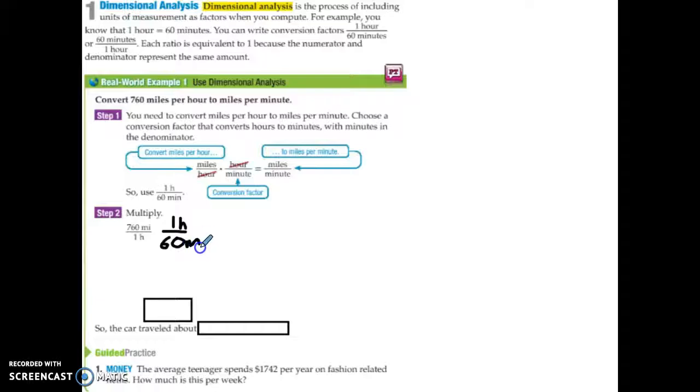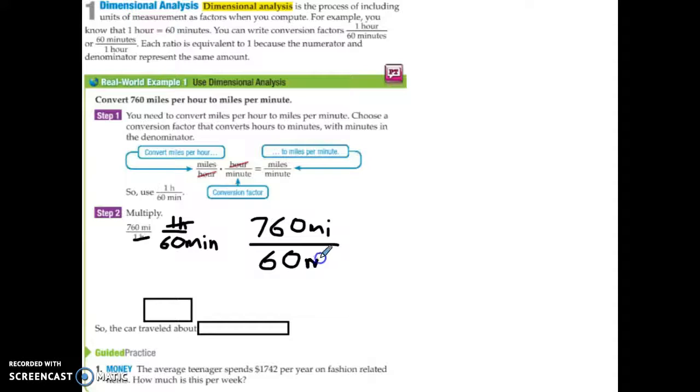I'll put the whole thing so we don't think it's miles. If you look at this, my hours will cancel out. Hours are gone. So on top I have 760 miles per, on the bottom I have 60 minutes.